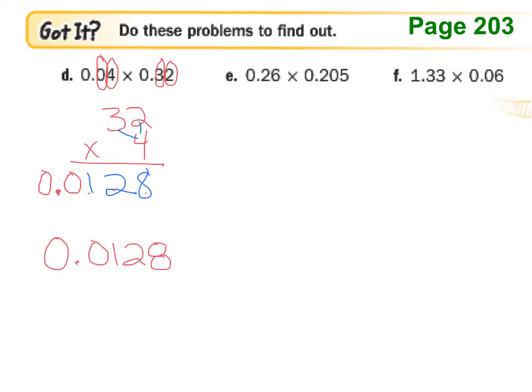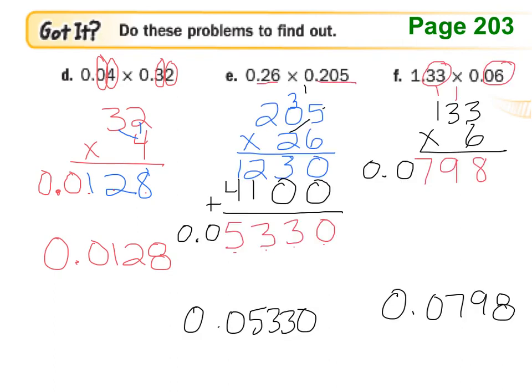All right, go ahead and try solving E and F. Pause the recording, and then turn it back on when you're finished and check your answers. All right, let's see if your answers match mine. For E, I got 5,330 hundred thousandths. I took 205 times 26 and got 5,330, and then I went back and counted my decimal places. I needed 1, 2, 3, 4, 5, but I only had 4 digits, so I added a 0, I annexed it, put a decimal, and put a 0 out in front to protect it.